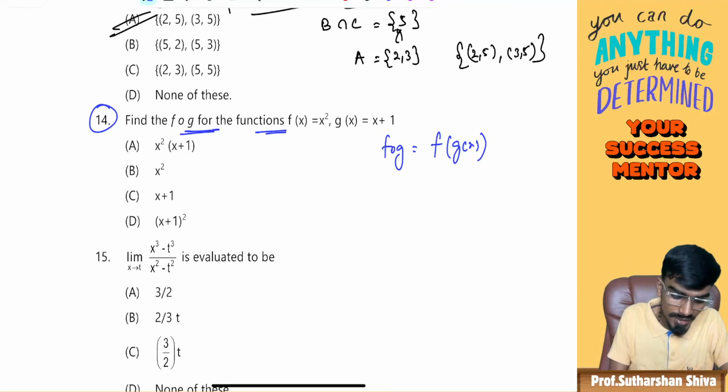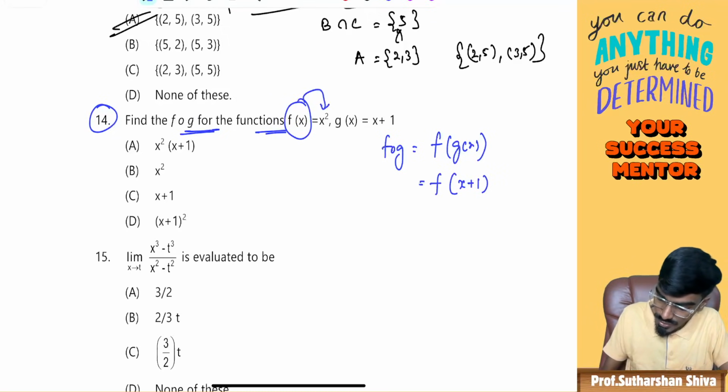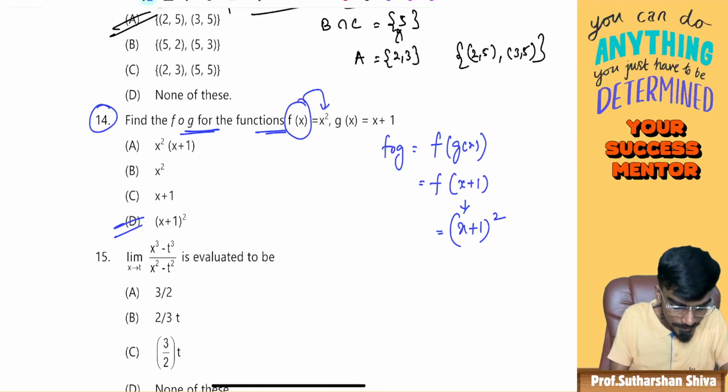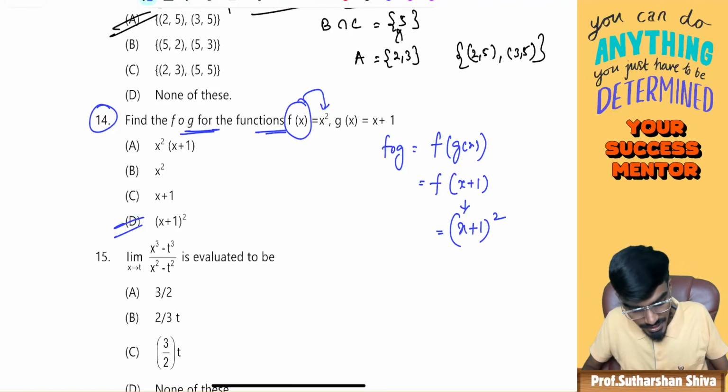So how can I write this? F of g of x, I should write f of x plus 1. They said f of x is nothing but x square. So that is nothing but x plus 1 the whole square. D is my answer.